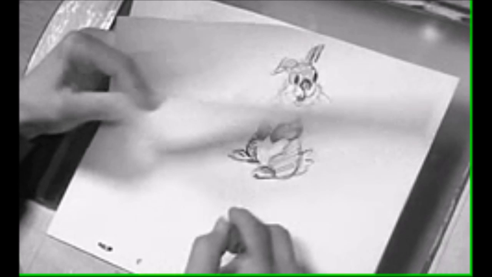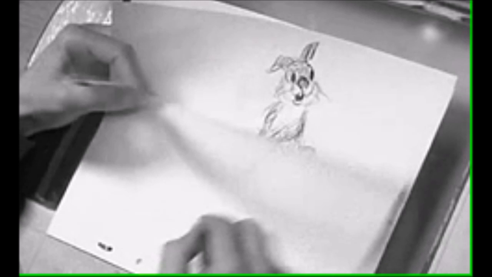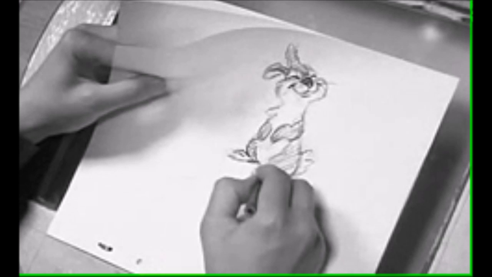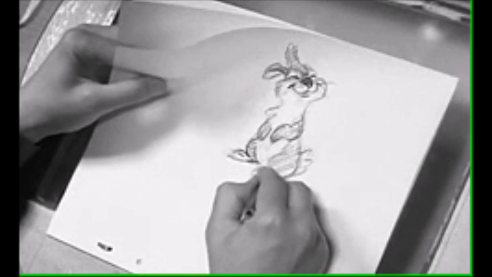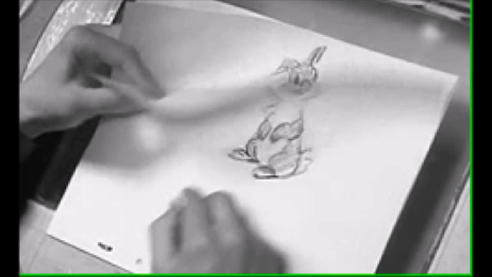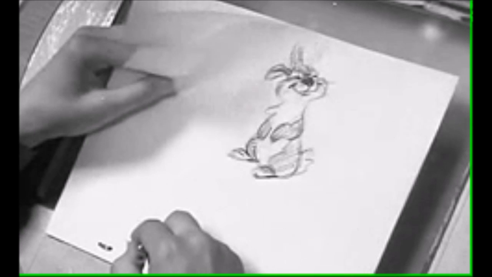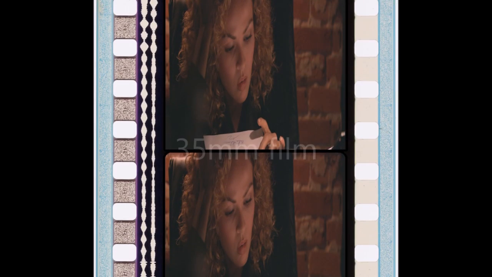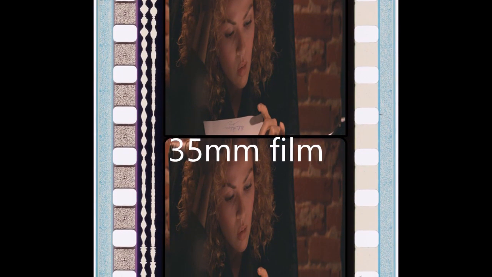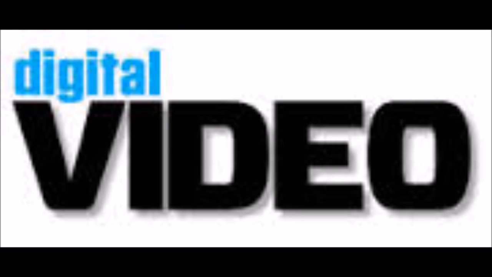Today, animators' drawings and the backgrounds are either scanned into or drawn directly into a computer system. Various software programs are used to color the drawings and simulate camera movement and effects. The final animated piece is output to one of several delivery media, including traditional 35mm film and newer media with digital video.